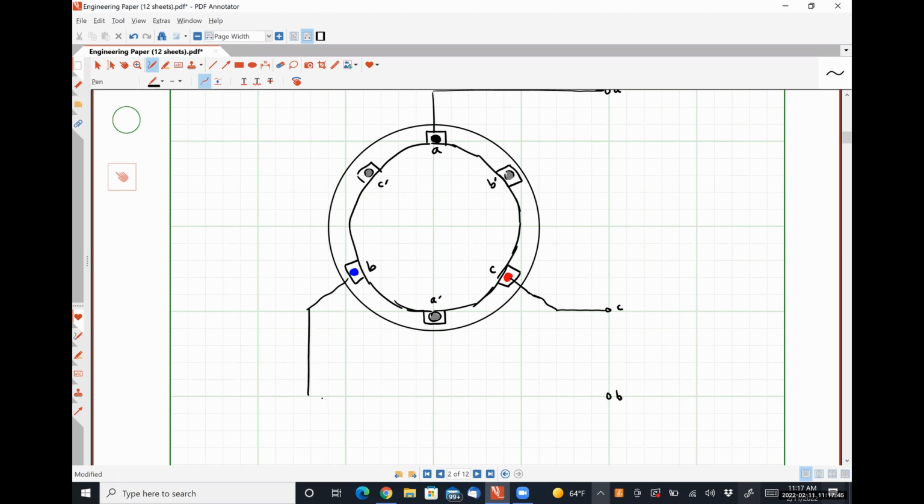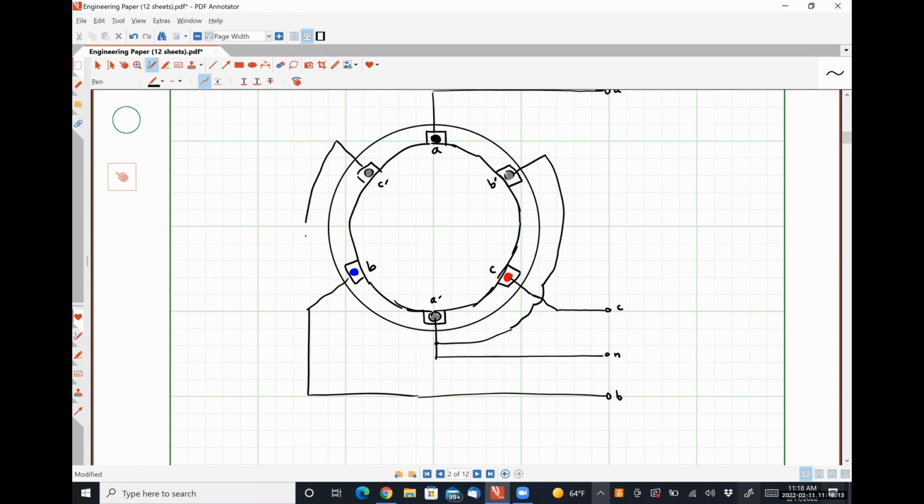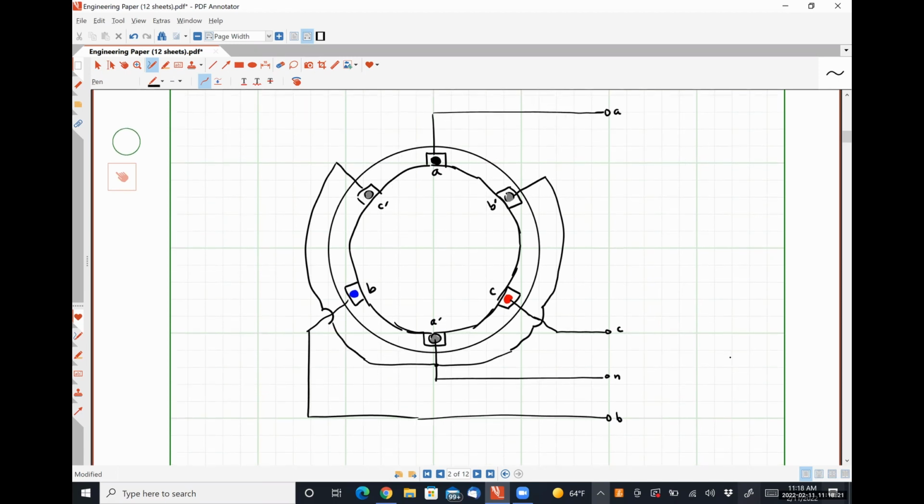This will be my B terminal. And then I'm also going to have a neutral terminal here. And I'm going to connect all of those prime quantities to that neutral. Like so.